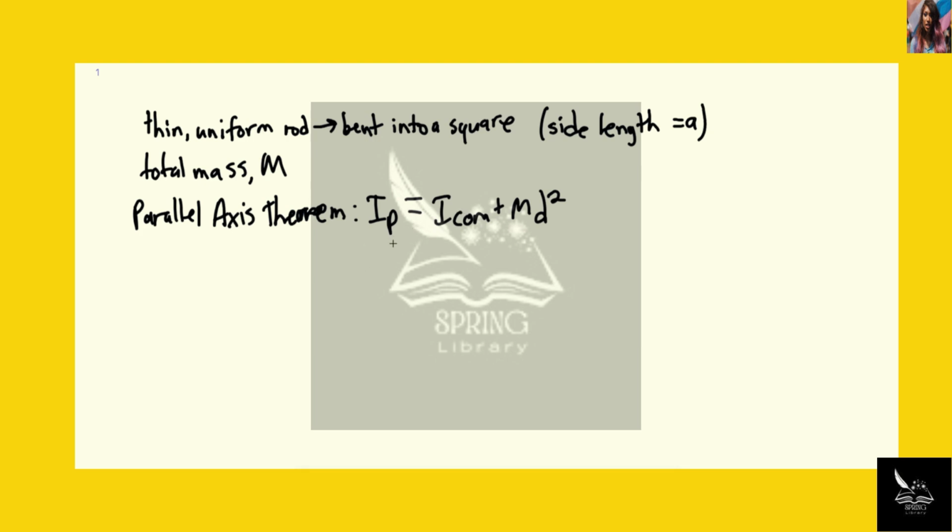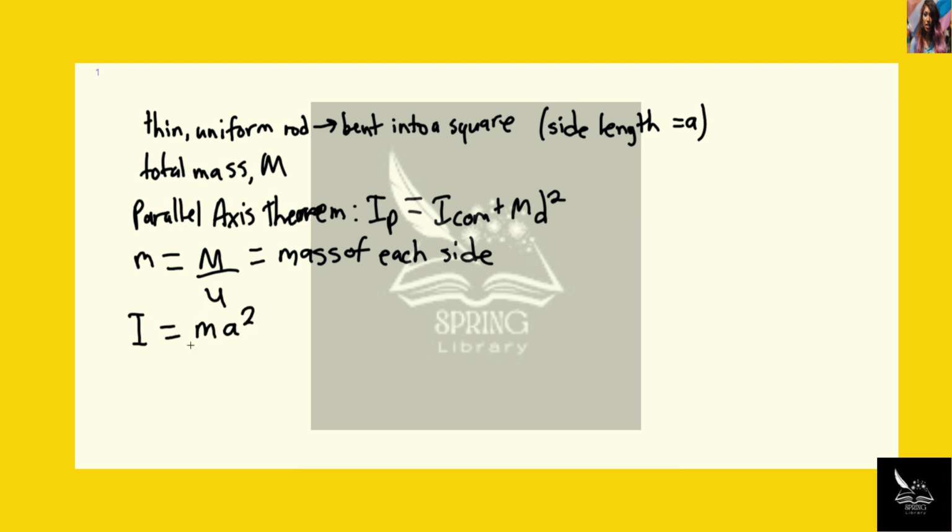So here we can say that m is going to be equal to M over 4, and this is going to be the mass of each side. So we can say that the moment of inertia of each side about an axis passing through the center of the side and perpendicular to the length is going to be equal to ma squared over 12.